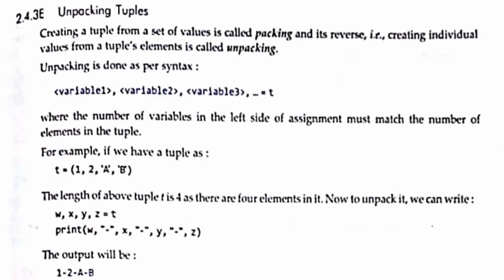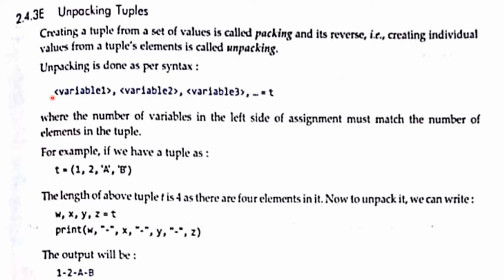Next comes unpacking tuples. Creating a tuple from a set of values is called packing, and its reverse is called unpacking. Creating individual values from a tuple's elements is called unpacking. What we have to do here is have equal variables on the left hand side.